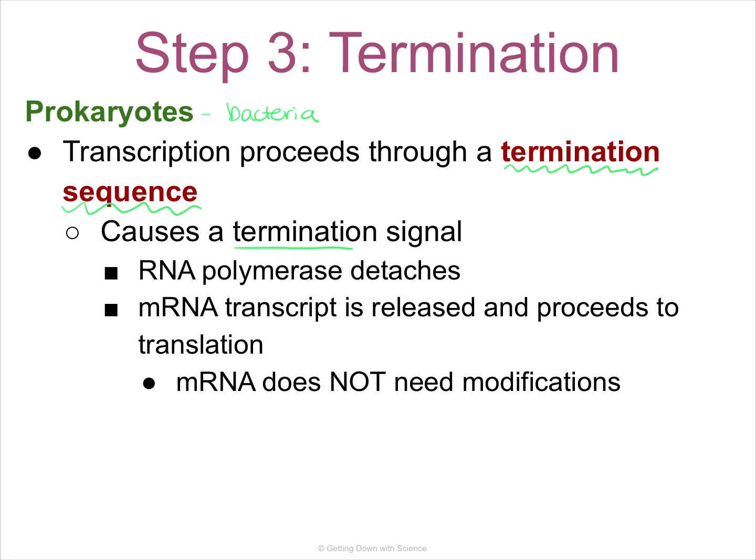This is when the RNA polymerase is going to detach itself. The mRNA is released, and then it can move out of the nucleus to go to the ribosome to go on to translation. Now, just so you know, prokaryotic mRNA does not need modifications. It's just reading the DNA template and creating those complementary base sequences.